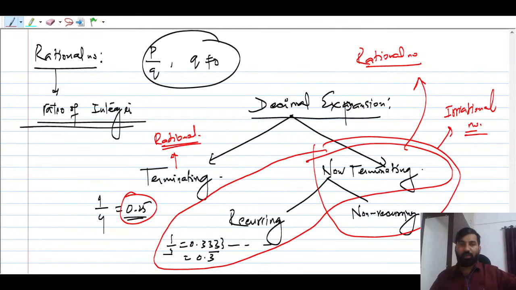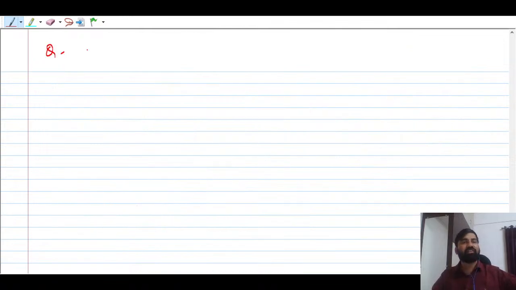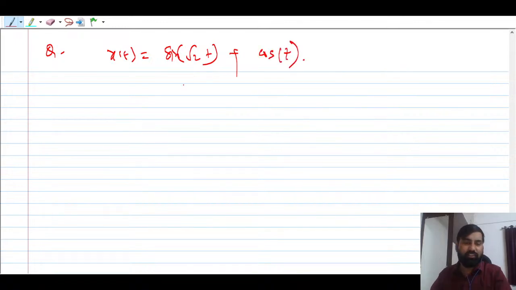So whenever questions are given, suppose the question is x(t) = sin √2t + cos t. By looking at this, √2 is present, so make sure that this signal is aperiodic.